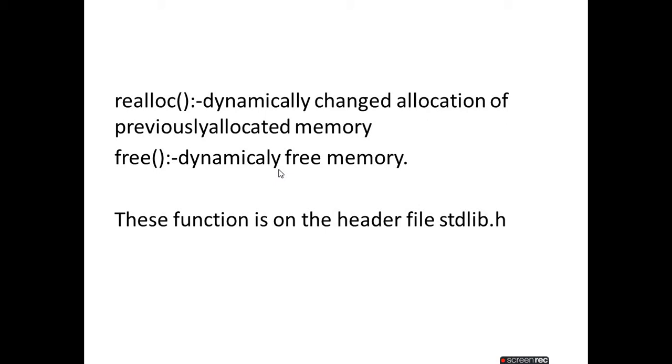Delete means deleting the reference, not the memory location. At the time of deletion, if you want to delete that node, free the memory by using the free function. Now these four functions, malloc, calloc, realloc and free, all belong to the header file stdlib.h.